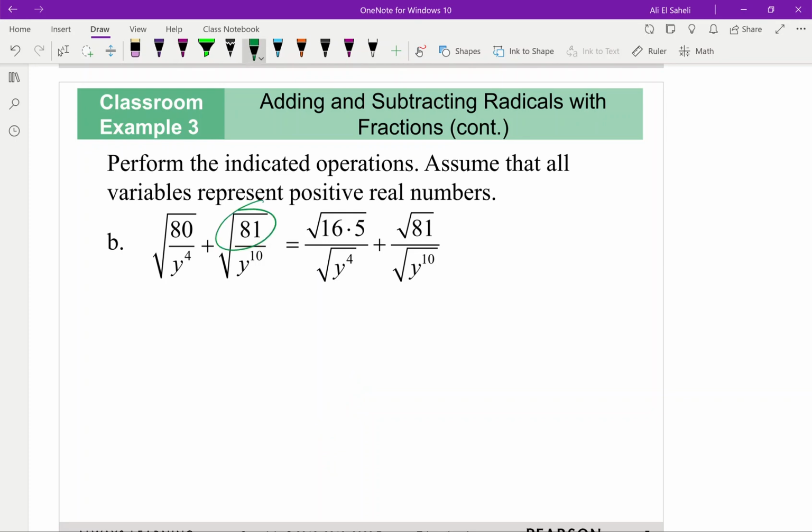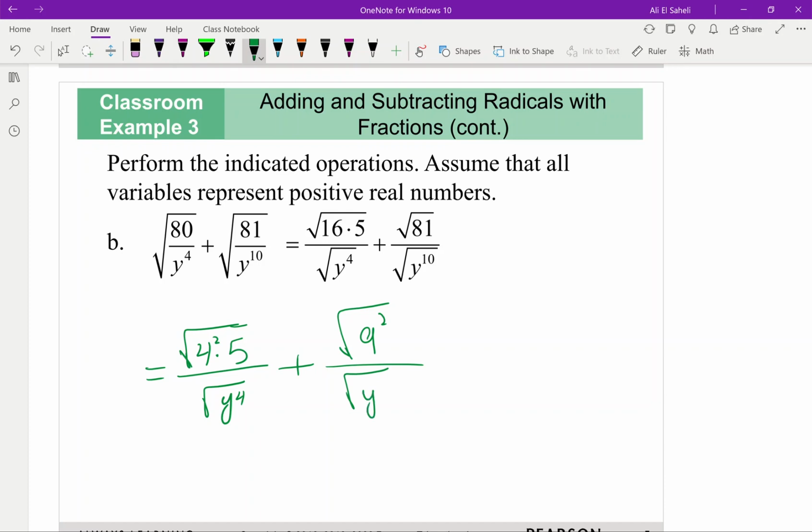Now 81 is 9 squared. Okay, so this is going to be radical y to the power 4 radical 4 squared times 5 plus radical 9 squared over radical y to the power 10. So these are fine, this and this, because they divide 2. Equals.